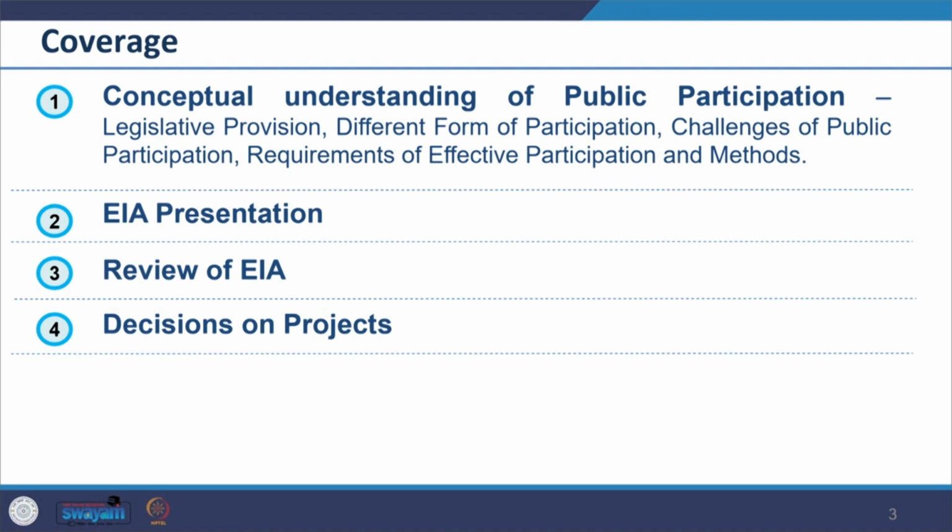We'll look at the legislative provisions for this, and different forms of participation. What are the different types of participation? Then challenges of public participation, what kind of problems we face, and then the requirements of an effective participation and methods. What are the methods?